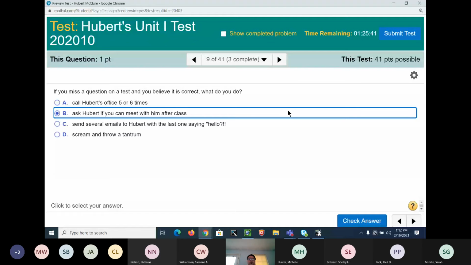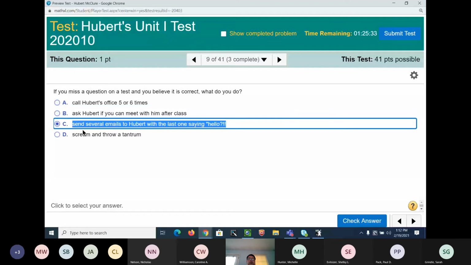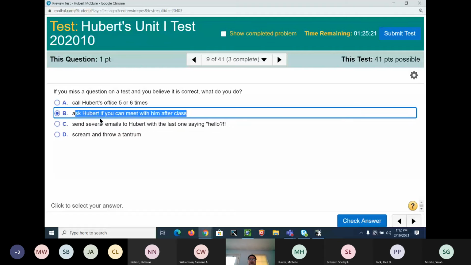This is what y'all do. Send several emails to Hubert or text messages, or I messed up on number 3. Can you look at it? And I won't reply. You have to physically ask me in class to meet with you after class or some other time.